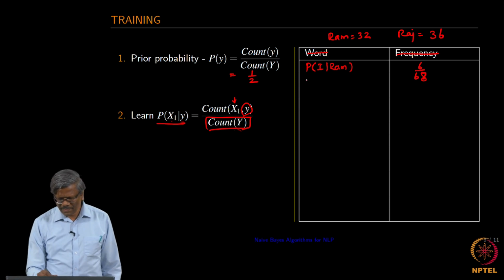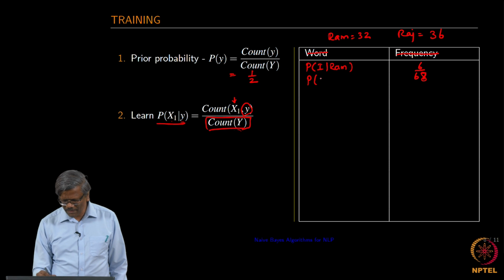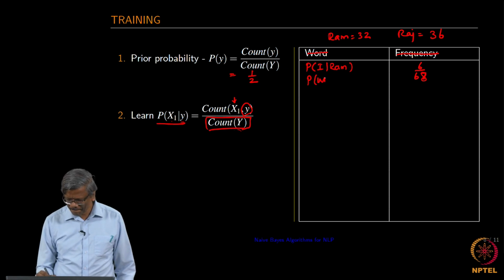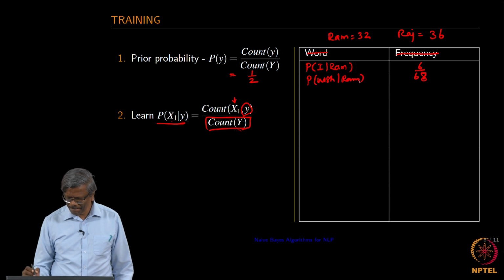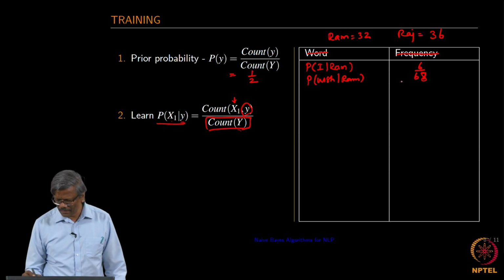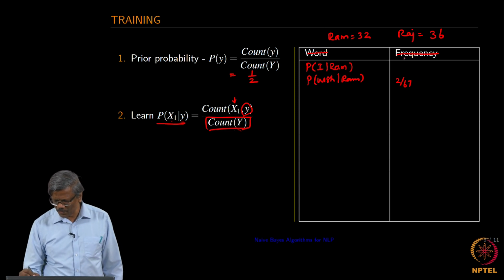Okay. So, in the same fashion you do for all the words, and this will be 2 by 67. Let me use a smaller, sorry, 68.